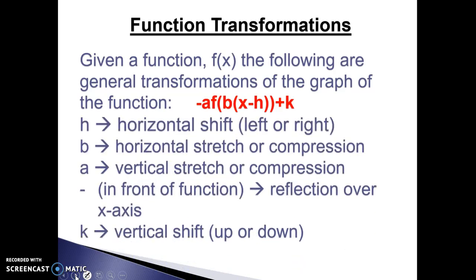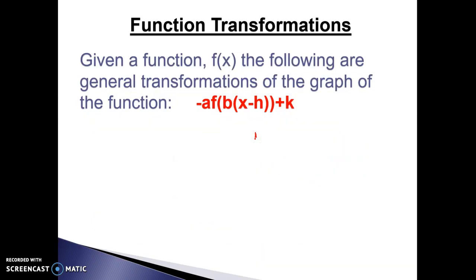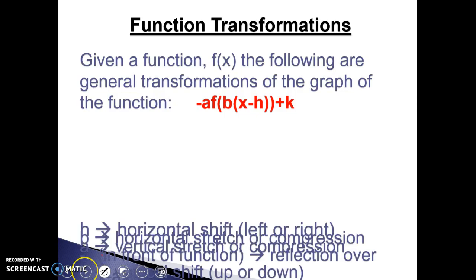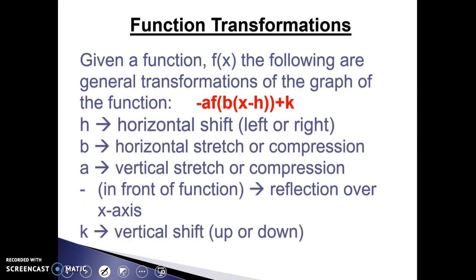So here we go. So h, that is a horizontal shift, left or right. If it is positive, then it moves to the left. Positive moves to the left, and if it moves to the right, it's a minus.